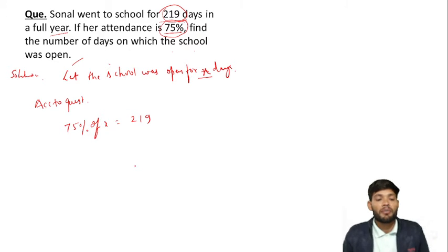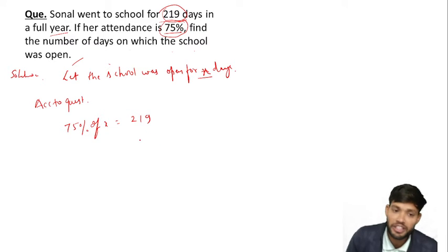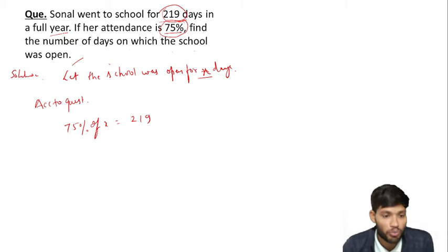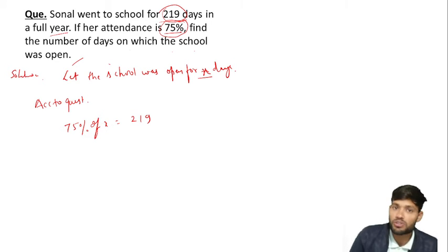How? Because Sonal goes for 290 days and her attendance becomes 75%. That means 75% of the total number of days the school was open is equal to 290.